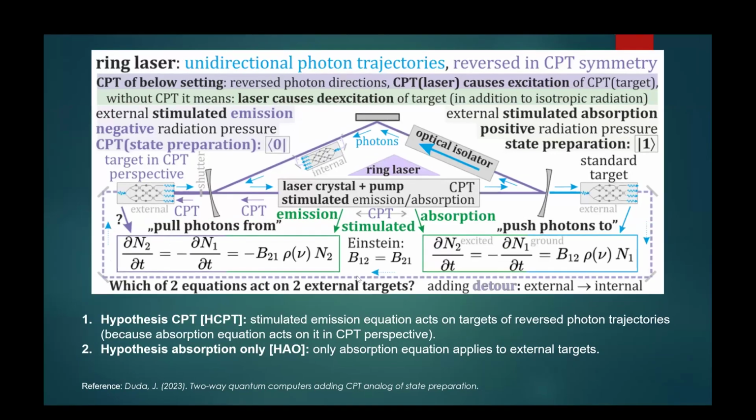So a ring laser is mainly composed of two beams of light, and these beams of light have the same polarization. And they travel in opposite directions in a closed loop. So you can see this sort of triangular formation. And this triangular formation of the light is what creates this closed loop. So that's what the ring laser is.